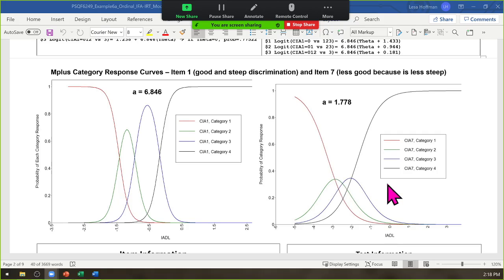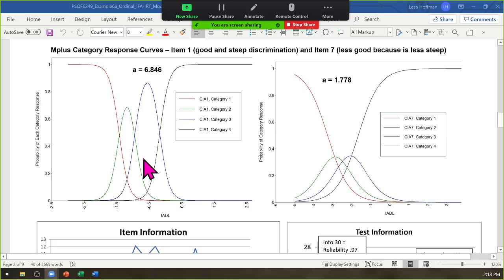They're less differentiated. And this one is concentrated even lower on theta, about -3 up to about -2 or so. So this is not a great item where it is. This one is a better item relative to the two. The steepness of the curves is indicative of the size of the loadings or the discriminations.